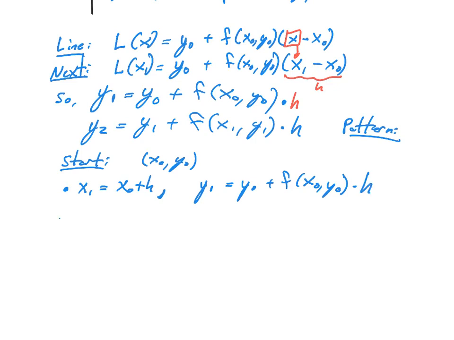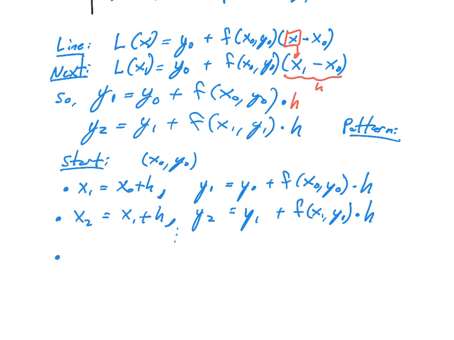And then the next one is x2 is equal to the previous x plus h, and the next y is equal to y sub 1 plus f of x1 comma y sub 1 times h, and so forth.